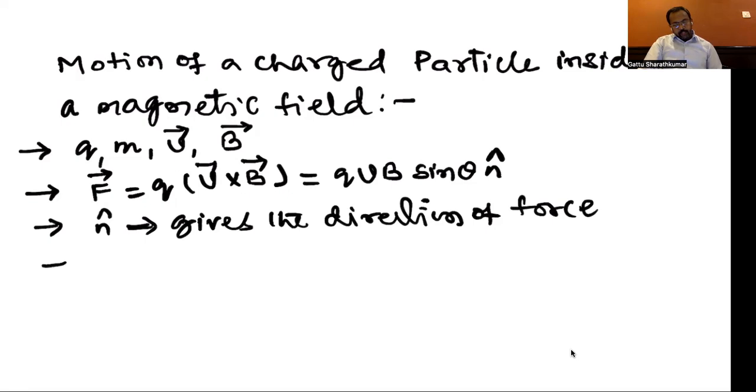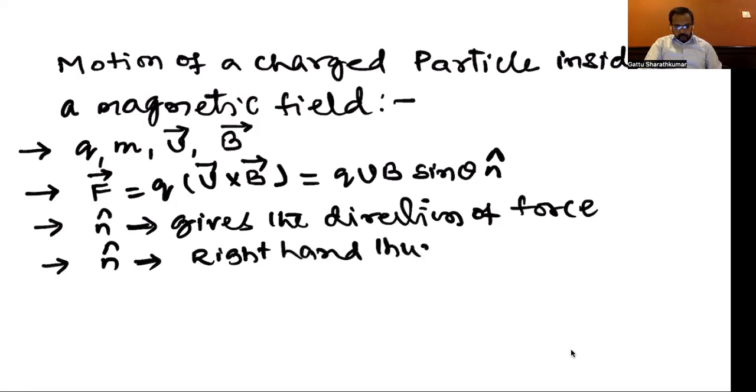How to find out the direction of force? That is the direction of n cap. To find the direction of n cap, we use the right-hand thumb rule. Meaning is, you have to stretch all your right-hand fingers except the thumb. I initially keep my thumb closed, and all other fingers are stretched.